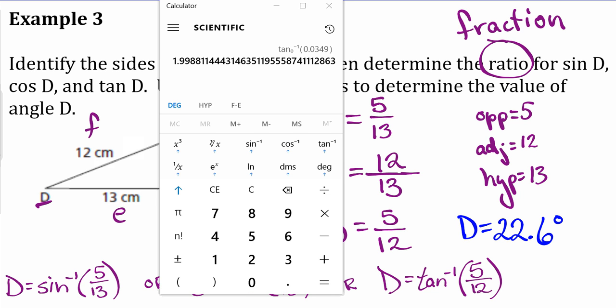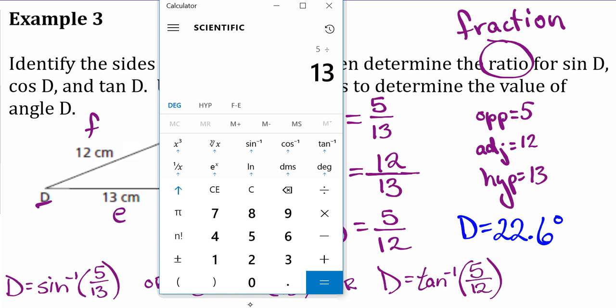Be careful when you're entering these values into your calculator. Do your best to keep things in brackets and not round your answer. So for instance, if you had done inverse sine, keep as many of those decimal places as you can, or make friends with the answer button that's on your calculator that keeps the last number that you put in.